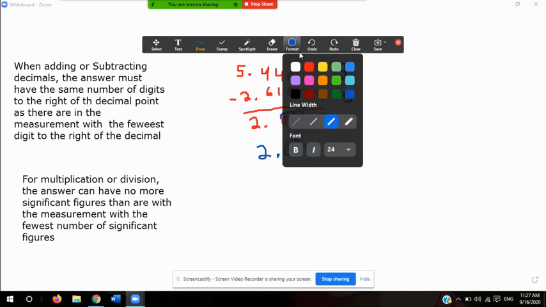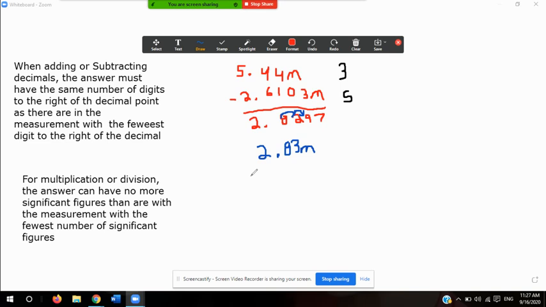Let me go back to my red color. 2.4 grams over milliliters, multiplied by 15.82 milliliters.